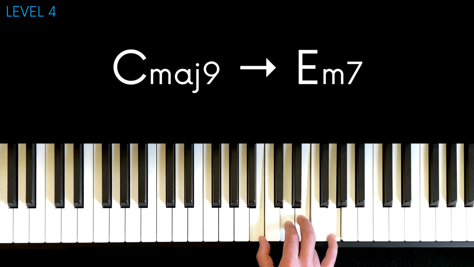But if we just change the root to E, now we have an E minor 7. And this is a very frequent chord substitution. You can substitute a 3 minor chord for the 1 chord because they share so many of the same notes.